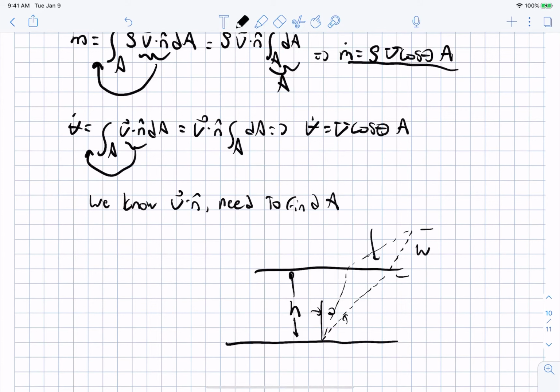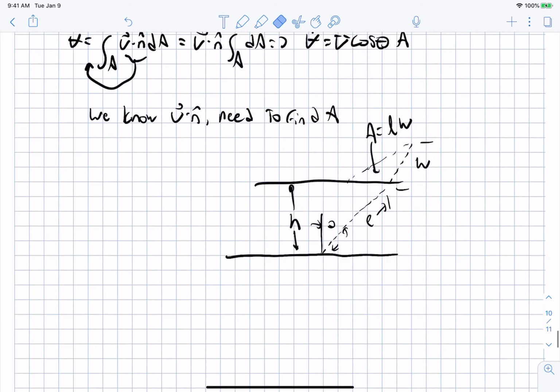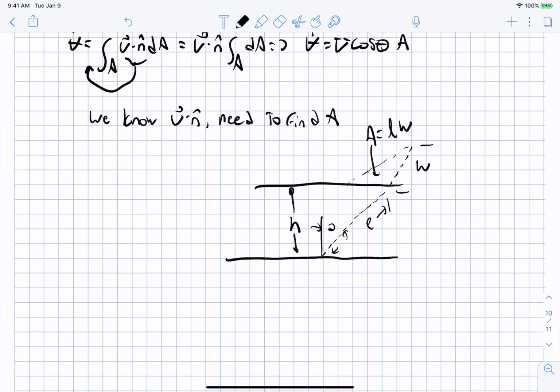So it's a planar surface. So this area is, we'll call this side here L. A equals L times W. Now what is L? So we can find L by just looking at the triangle here.